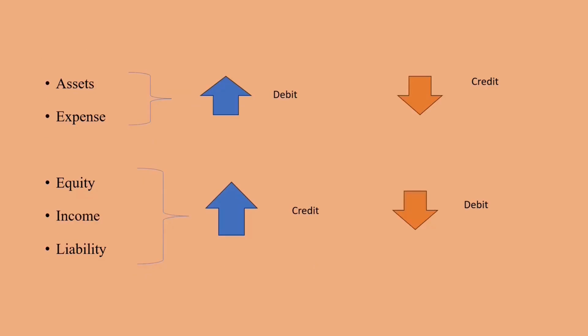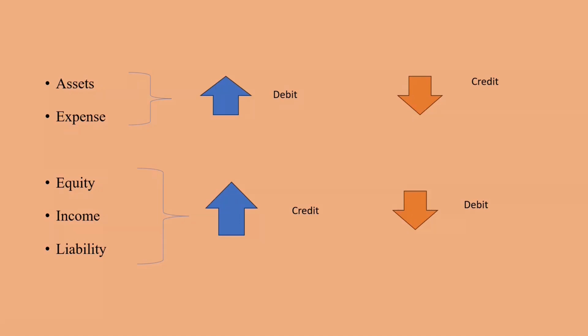Now, this is the basic rule that you should know when you are recording transactions in ledger accounts. When you write the transaction in accounts, if assets and expenses are increasing, we write it on the debit side. If assets and expenses are decreasing, we write it on the credit side.